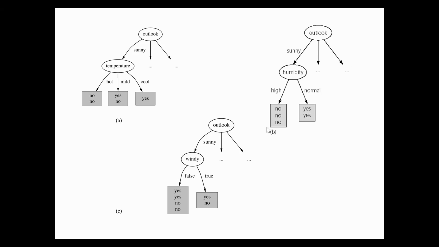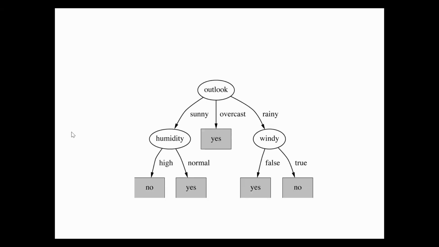The remaining two attributes are temperature and windy. You put it there, you get this information, and then you can look for the survival. Finally, we have two other options, but when we put in windy, windy gives us the best accuracy in terms of selecting the attribute.